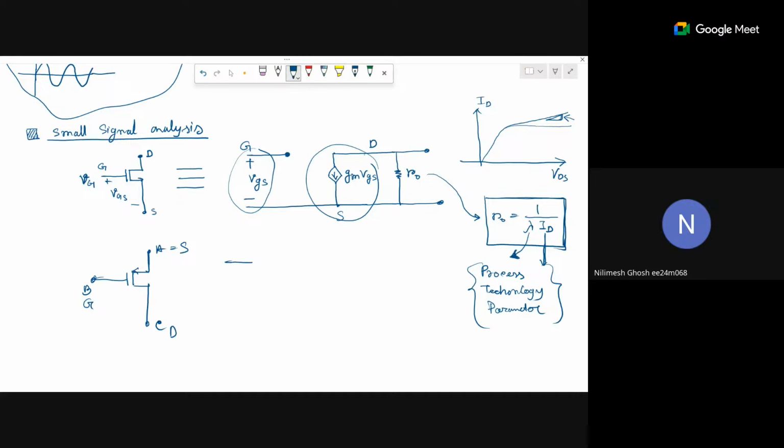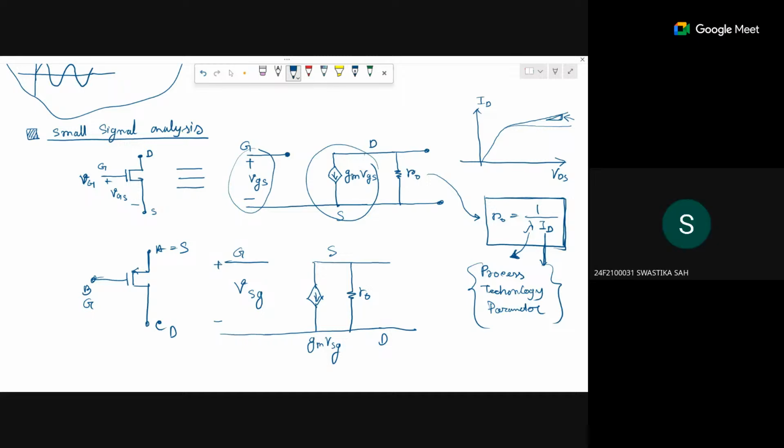Now we can model this same like this, with R naught, just the terminal is changed. Plus minus VSG, this small signal, this is gm VSG, and this is R naught. So this terminal is source, this whole terminal is drain, this is gate terminal. Got the concepts? Okay. Is there any doubt till now?